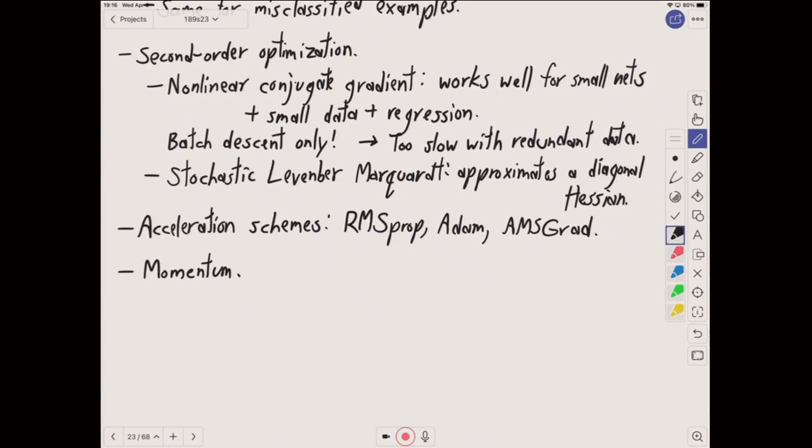You only look at where am I now, that tells me what direction to walk in. Whereas with momentum, the idea is now I'm going to remember what my velocity was during the last iteration and keep most of that velocity in this iteration. I will update my velocity in response to the new training point, but I will also continue moving more or less in the direction I was already moving.